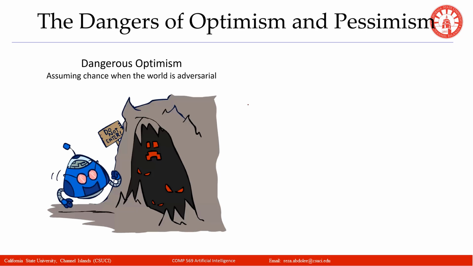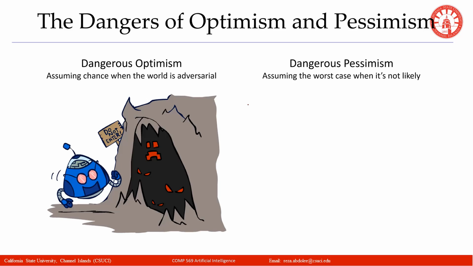So you're going to have the dangers of optimism. If you think that your opponent is not going to act optimally, then you may end up in a situation where your adversary is acting optimally and you didn't predict that, and therefore you end up with a bad result at the end. We're going to have an example on this, how it could impact the end result.